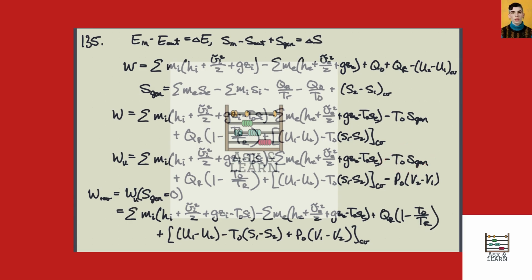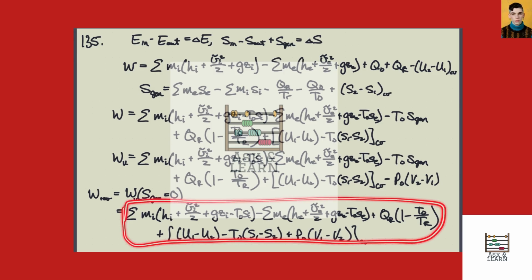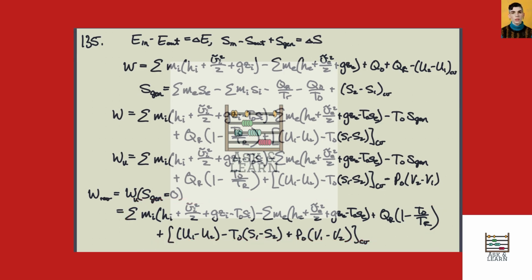If this were 0, then we'd have a second law efficiency of 100%. But because we have this term, and we need to divide it by this, the reversible work that we could have possibly gotten out, that would now be the second law efficiency: 1 minus this divided by this.